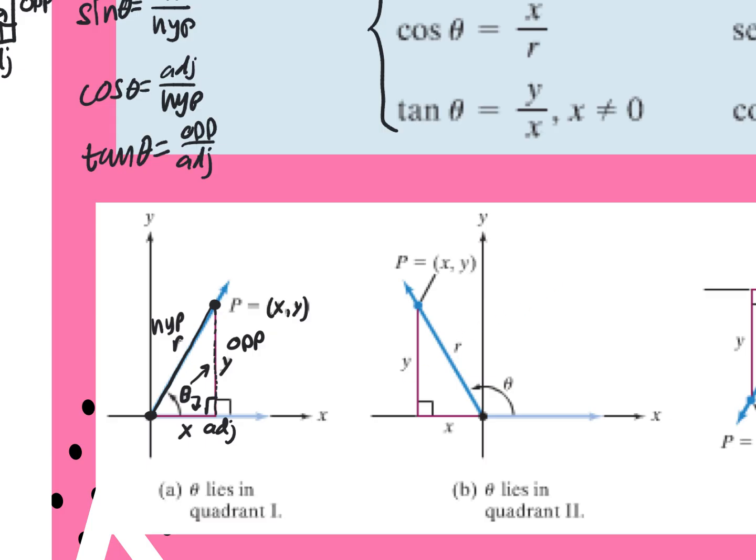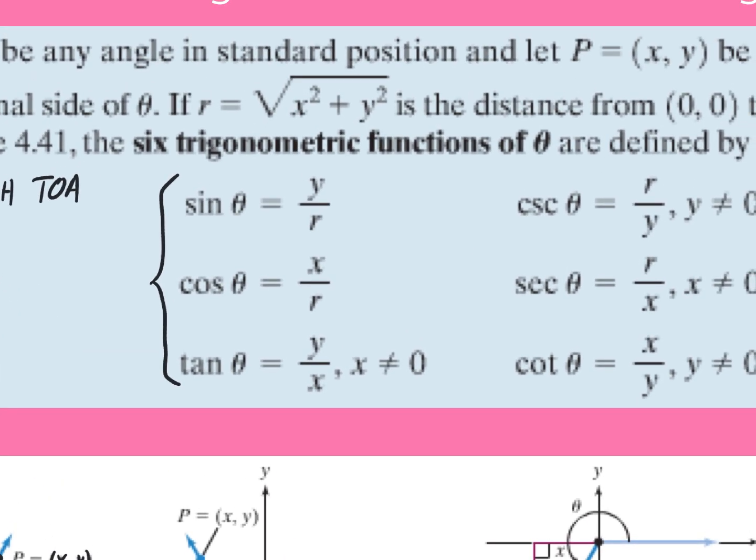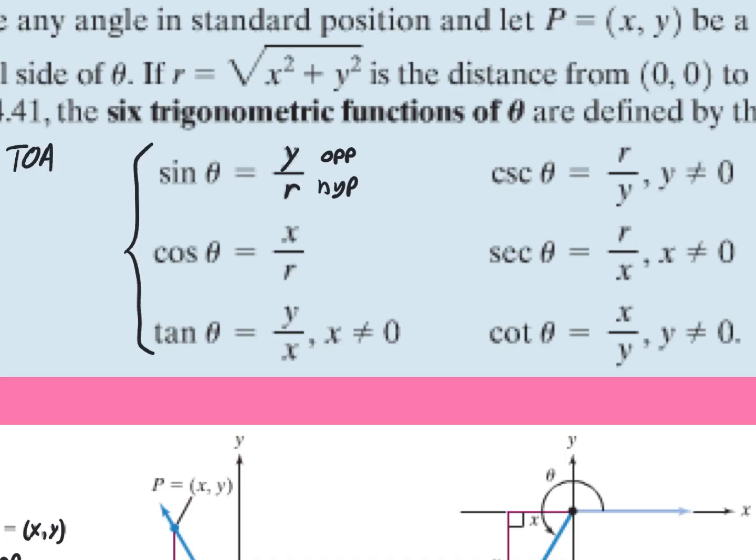That's why up here, sine of theta is y over r: y is always the opposite side, and r is always the hypotenuse. Same with cosine: x is always the adjacent side and r is the hypotenuse. Same with tangent of theta, which is y over x: y is the opposite side and x is the adjacent side.